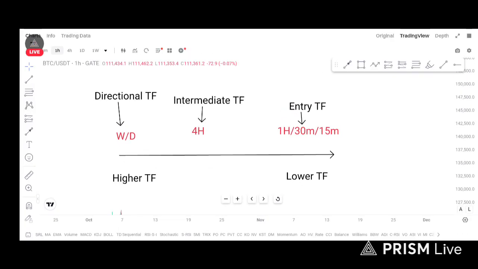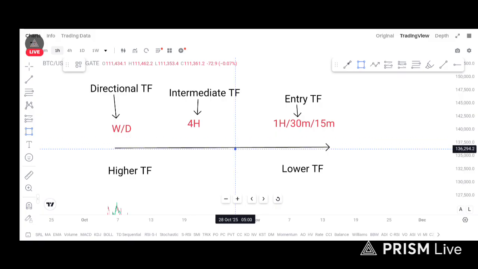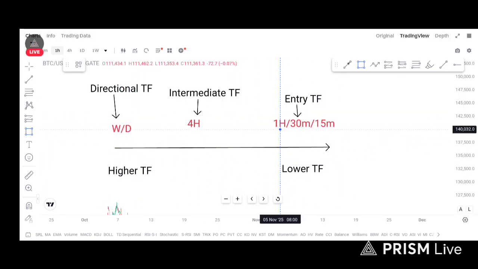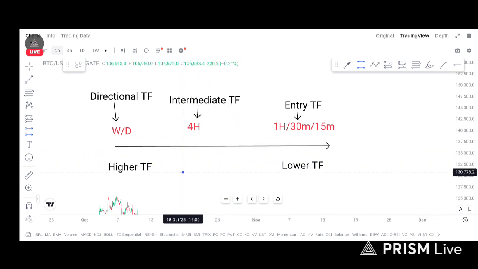Anything lower than this is just noise. So we start from the higher time frame to the lower time frame. This is our top-down analysis process. This is what you are going to be doing.